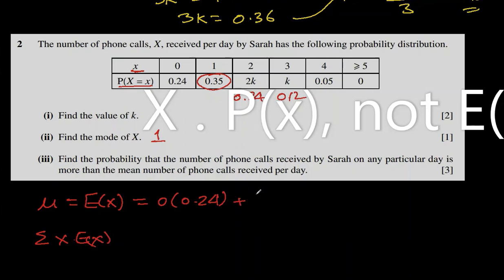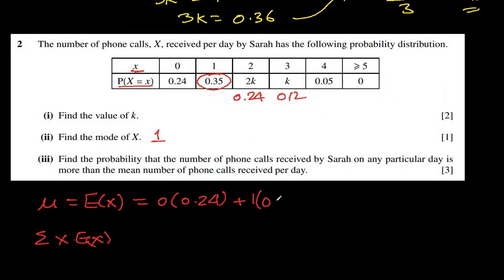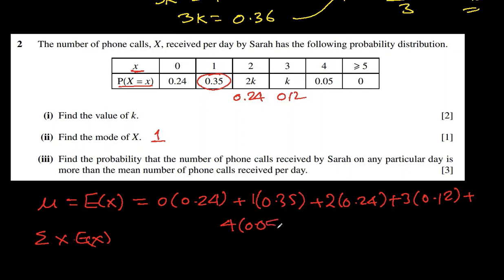Okay, so we will add 1 multiplied by 0.35 plus 2 multiplied by 0.24 plus 3 multiplied by 0.12 plus 4 multiplied by 0.05, and for 5 and greater they're saying it's 0, so no need to write anything after this. We will not count this.